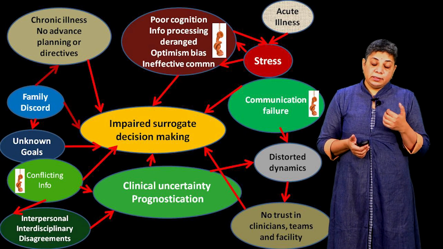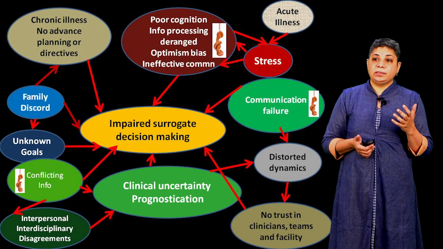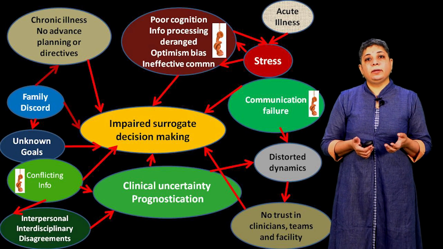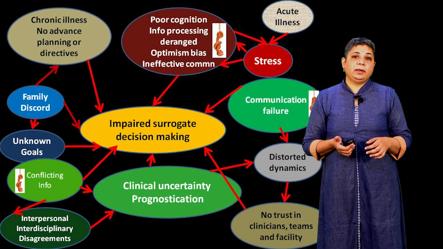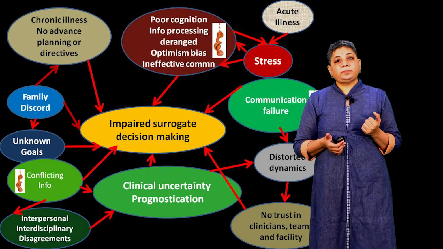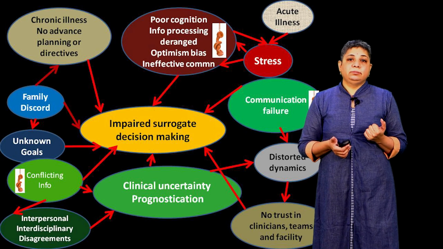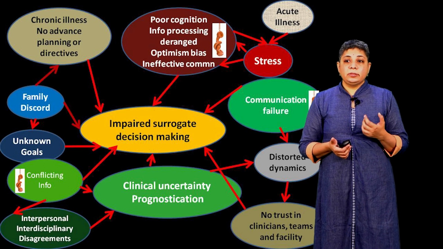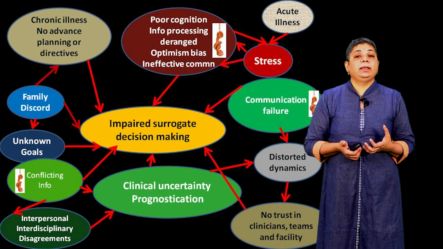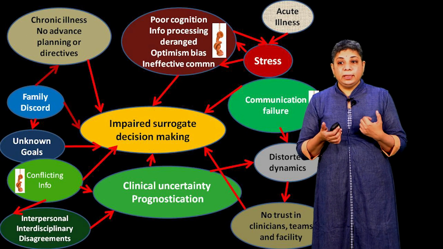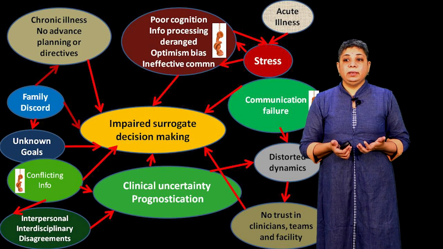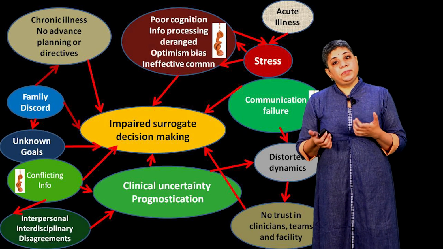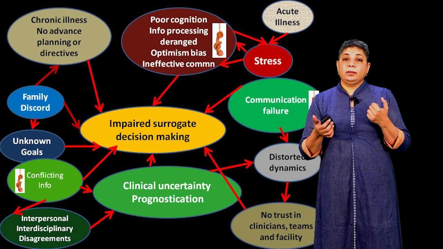Now, even if it is a chronic illness, say a malignancy, or an acute exacerbation of COPD, or a cerebrovascular accident, or a very severe respiratory illness, or a neurological illness, most of the time no advanced planning has been made by the family or by the patient. No directives have been given. So this causes a lot of confusion to the surrogate. They don't know what to do. This is the chronic situation.